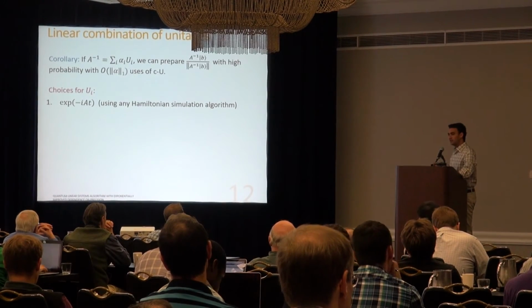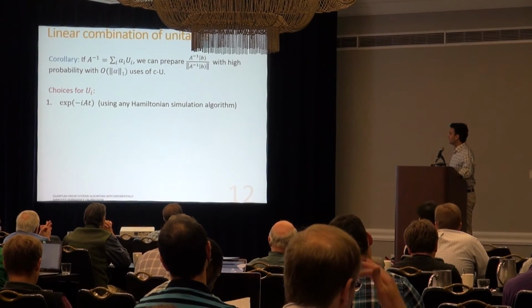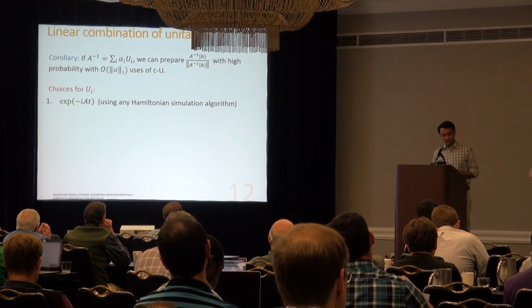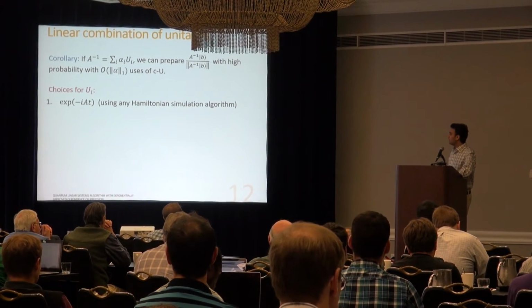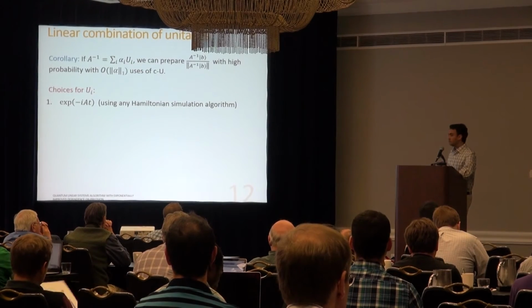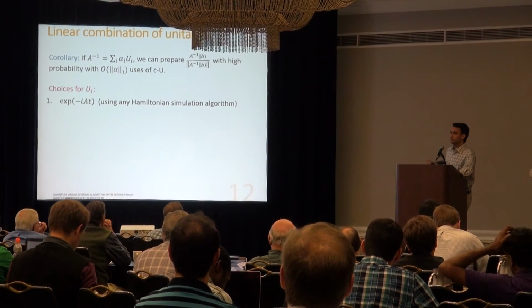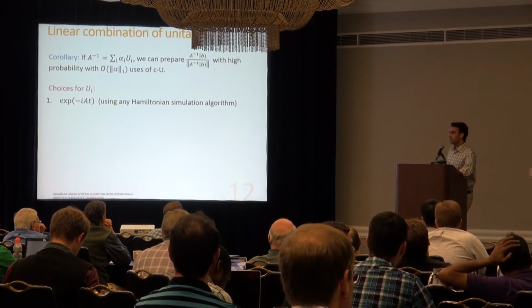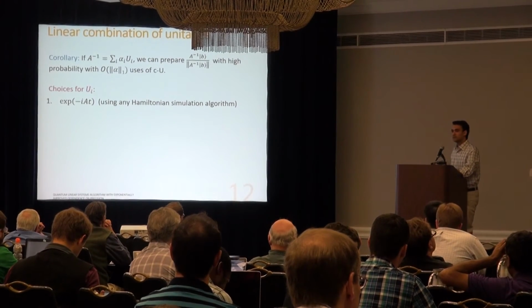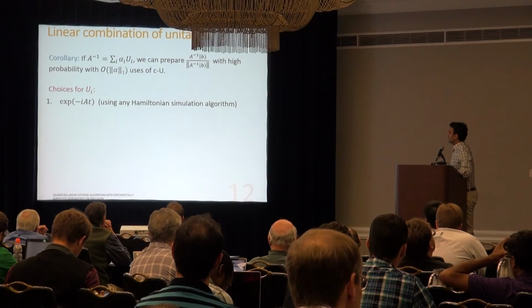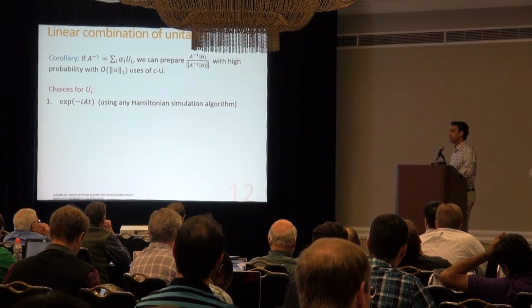That's a parameter that you get to choose. And it's known from the previous work on Hamiltonian simulation that this is a unitary that we can perform efficiently for the kind of matrix A that we've assumed. We've assumed it to be sparse and representable by this kind of oracle. So if you have this kind of representation, this is something you can do.